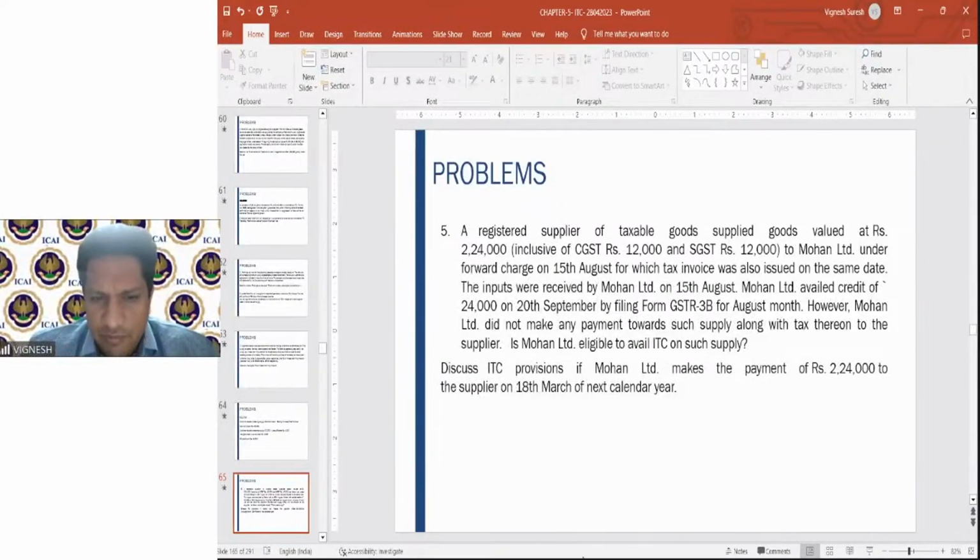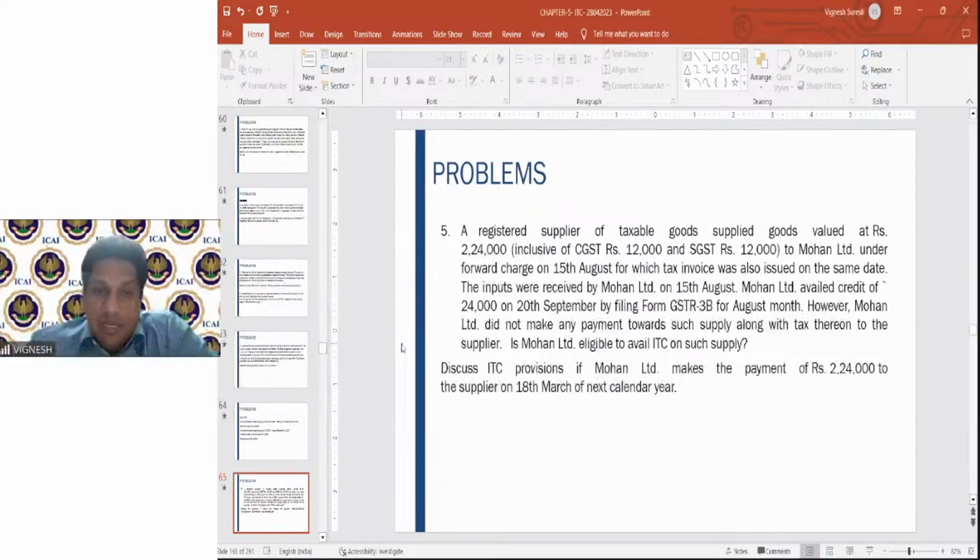problem based on timelines of claiming the input tax credit. Any answers for this one?